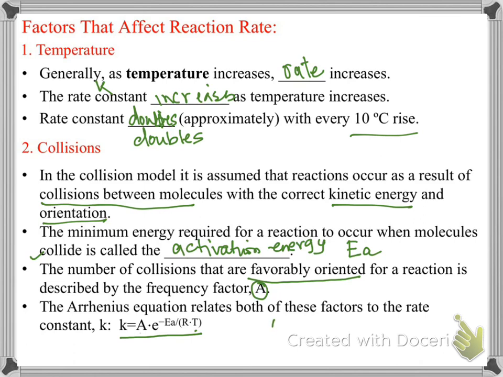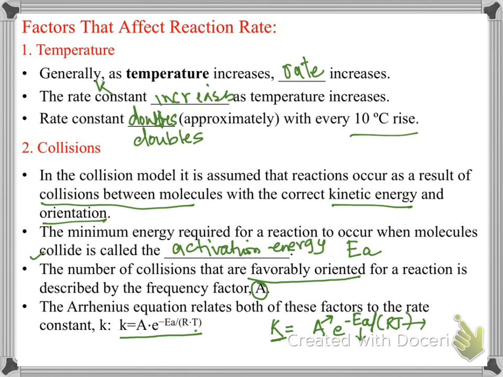So you can find out the rate constant if the temperature is given to you, the Arrhenius factor is given to you, and the activation energy is given to you.